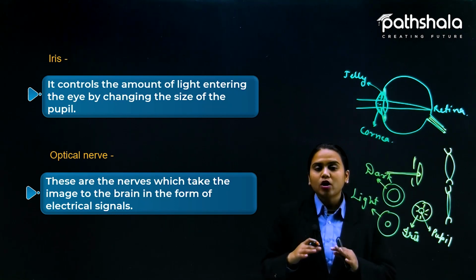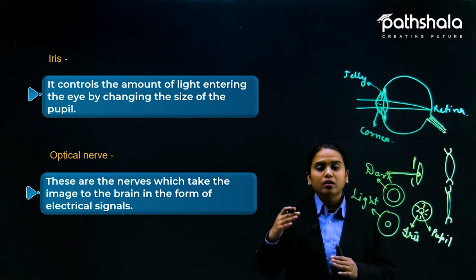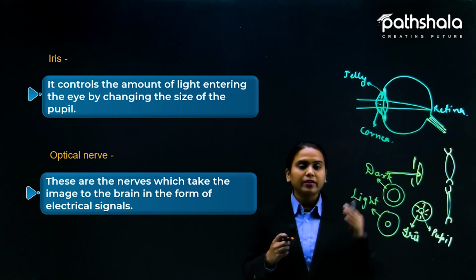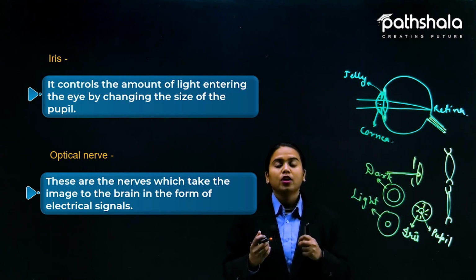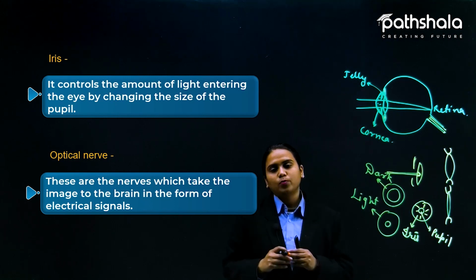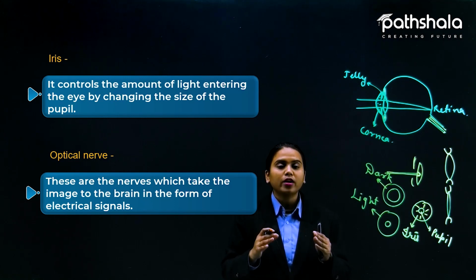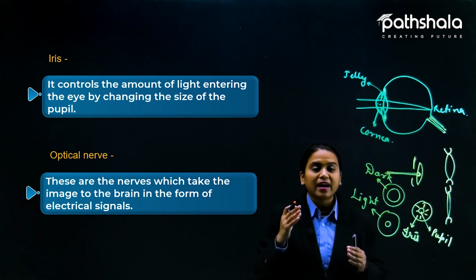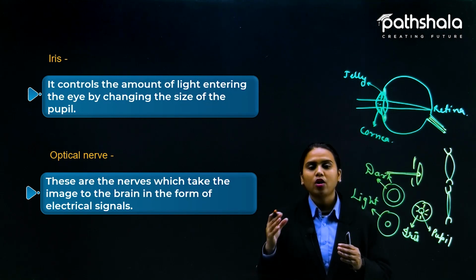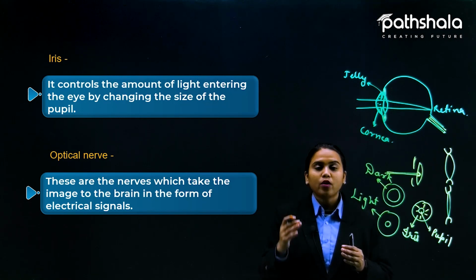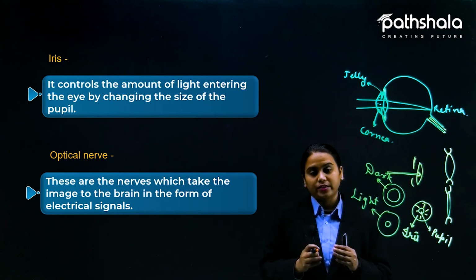Our brain is not going to understand optical waves, that is, light. Our brain cannot understand sound signals, that is, vibrations. Our brain can only work on electric signals.